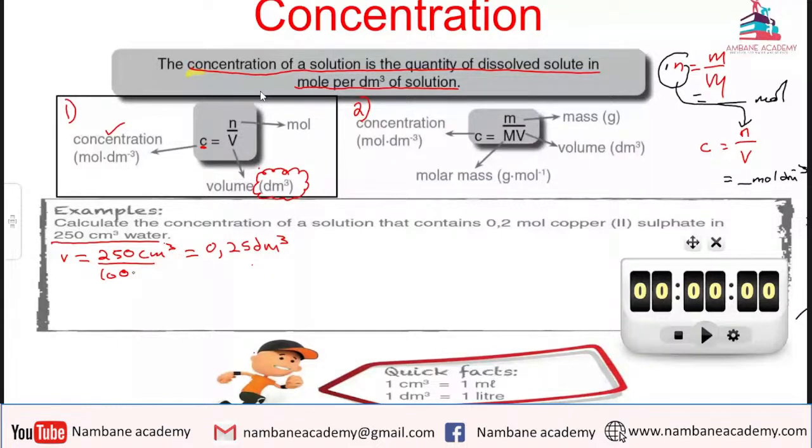Then it's easy to say I am given the number of moles, so I don't have to calculate the number of moles. So this becomes C is equal to n over V, which is just equal to 0.2 divided by 0.25, and then it will give you an answer of 0.8 mole per decimeter cubed.